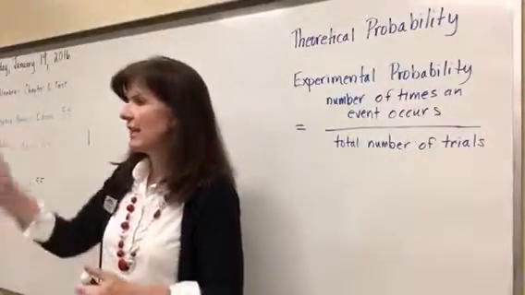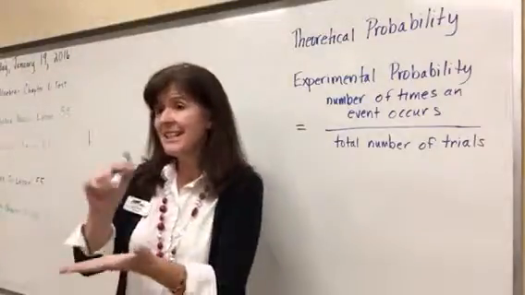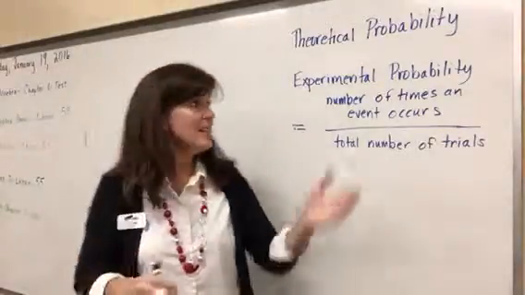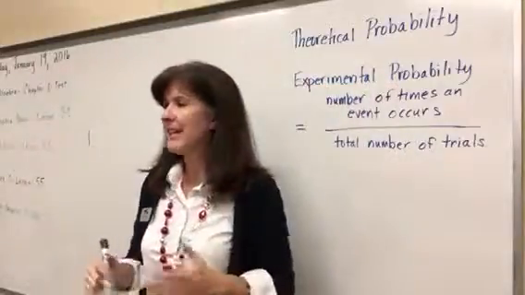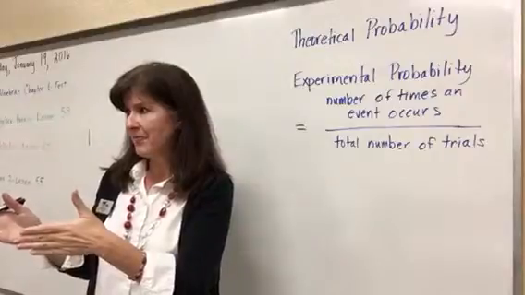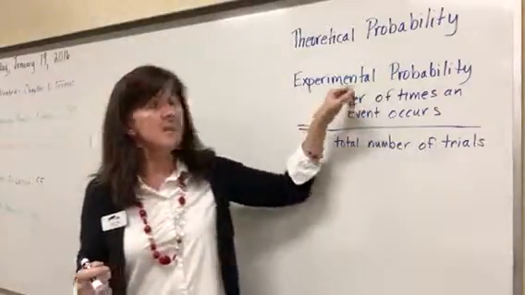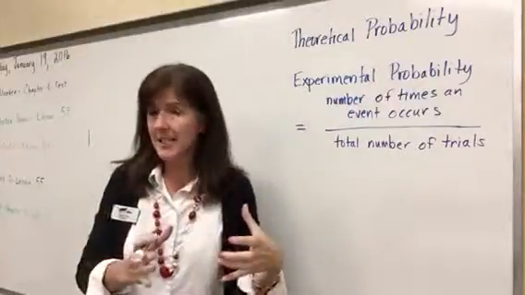If I toss a coin 10 times and it lands on heads 6 times, what is the experimental probability of it landing on heads? It would be 6 out of 10, okay? Or 0.6. Do you understand? Because experimental probability is based on an experiment.